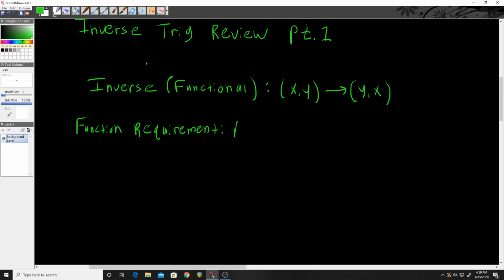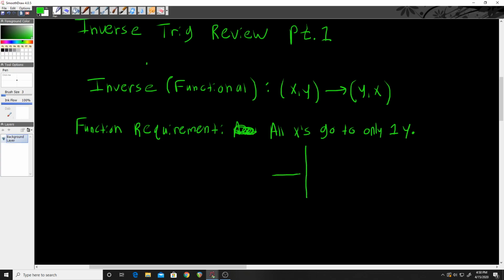Function requirement is all x's go to only one y. Okay, so any choice of x in the world only has one y value that it goes to.